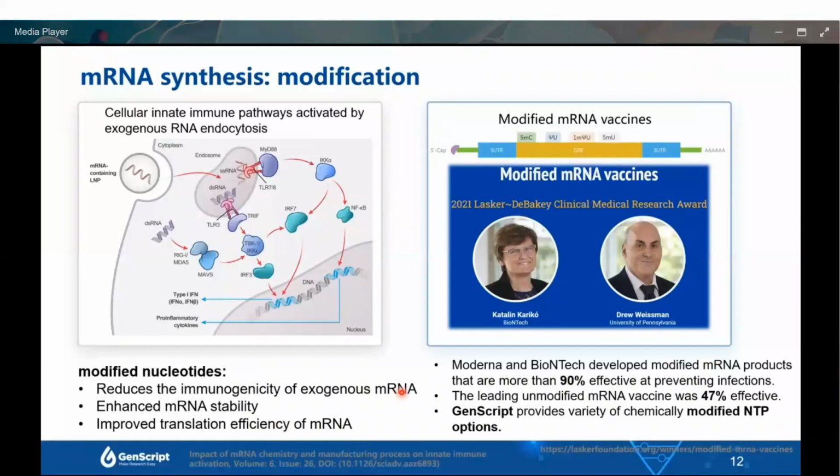Moderna and BioNTech developed modified mRNA products that are more than 90% effective at preventing infections, and the leading unmodified mRNA vaccine was 47% effective. We'll show you later that GenScript provides a variety of chemically modified NTP options.